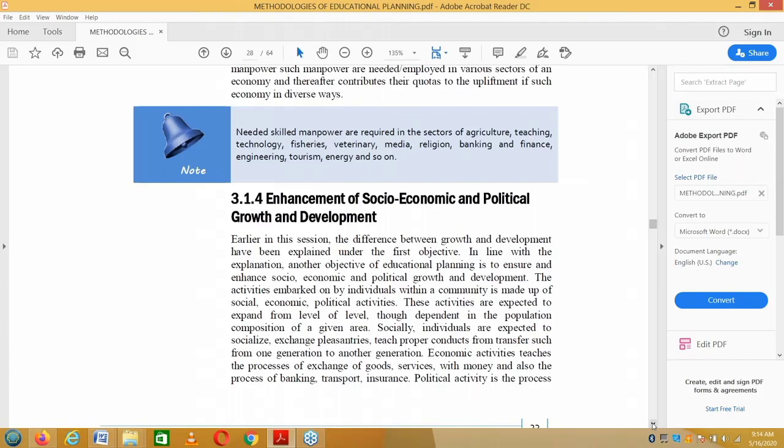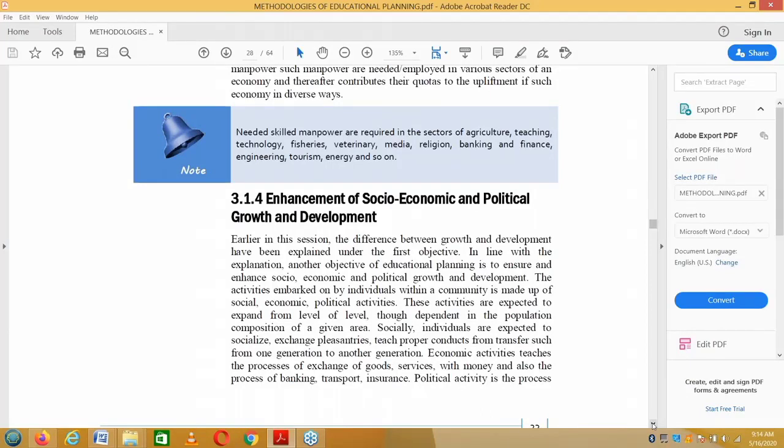Socially, individuals are expected to socialize, exchange pleasantries, and teach proper conduct, transferring such from one generation to another generation.